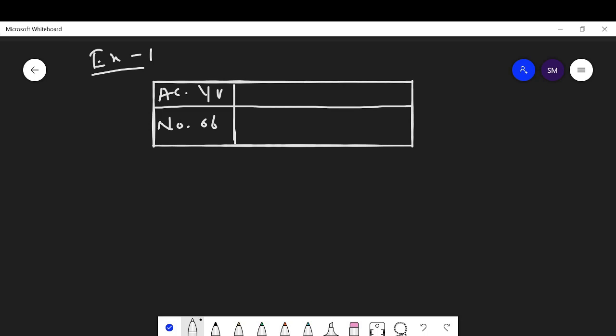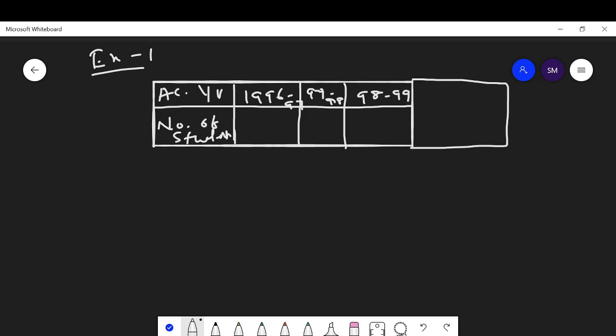Here the academic sessions are 96 to 97, 97 to 98, 98 to 99, then 99 to 2000, and then 2000 to 2001.